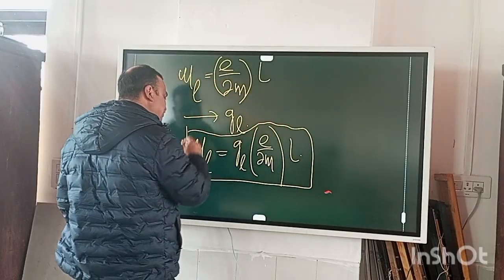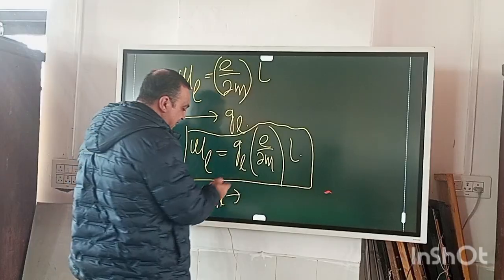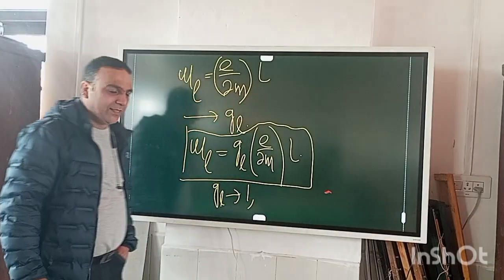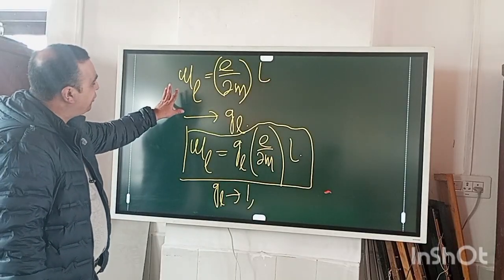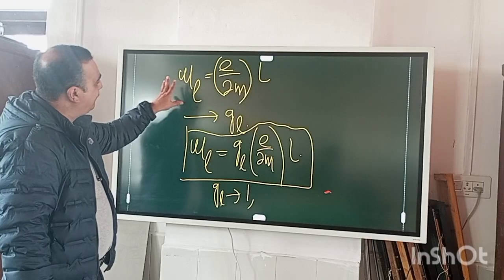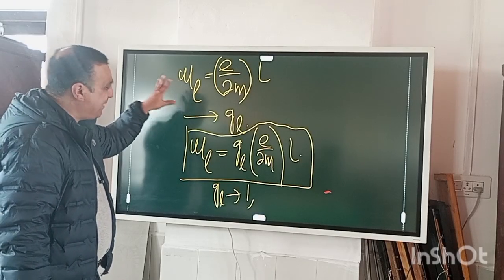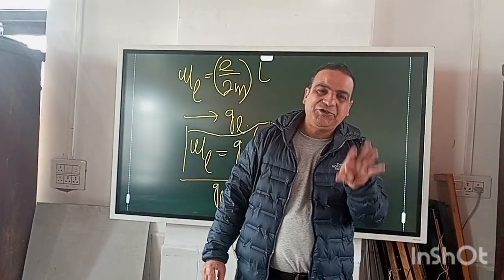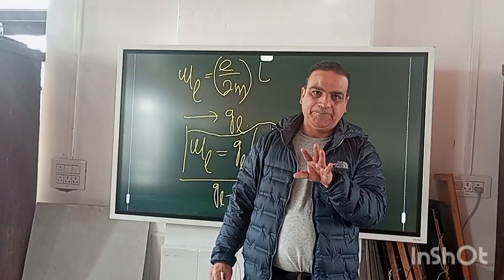Now, for the orbiting electron, the value of this gL is equal to 1. So, if we have obtained the equation of the magnetic moment of an electron due to its orbital motion, the same assumptions can be exercised to obtain the expression for the spin magnetic moment of an electron.